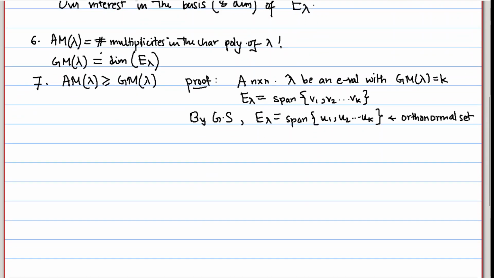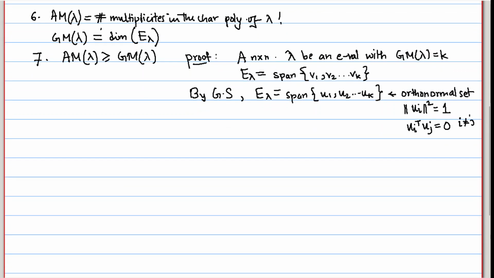What does that mean? That means that the norm squared of ui is equal to 1 for every i, and ui transpose uj is 0 for every i not equal to j. Okay. So we can write the eigenspace as the span of orthonormal vectors, right?